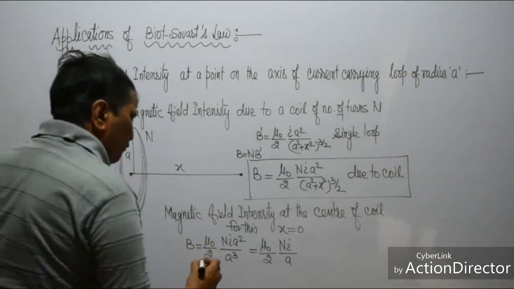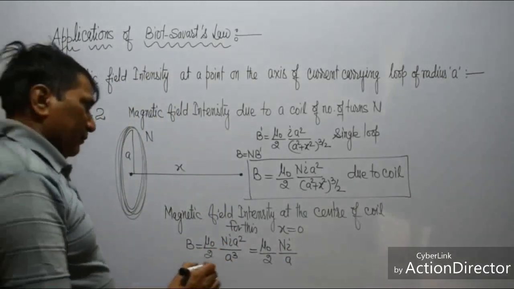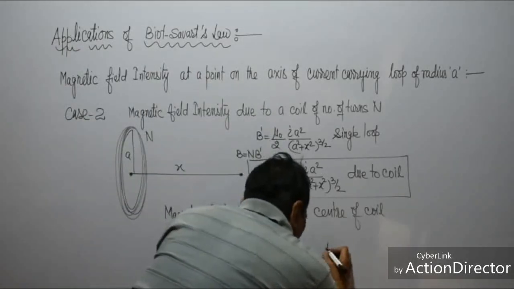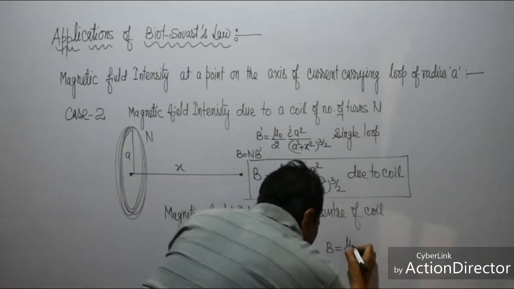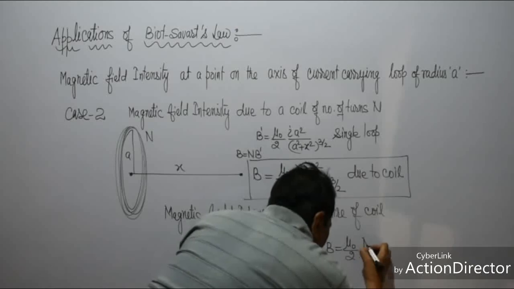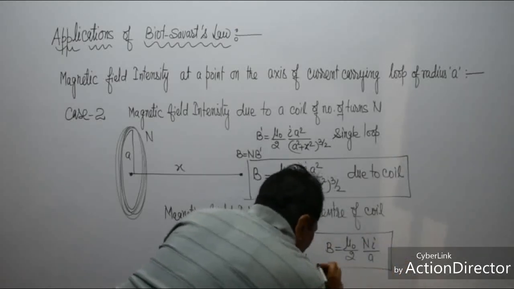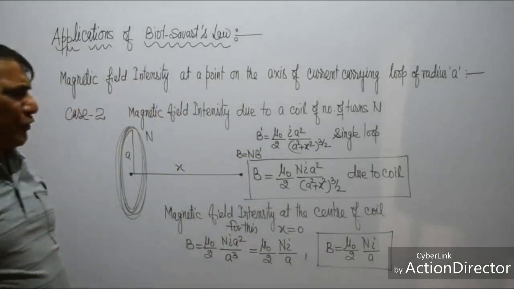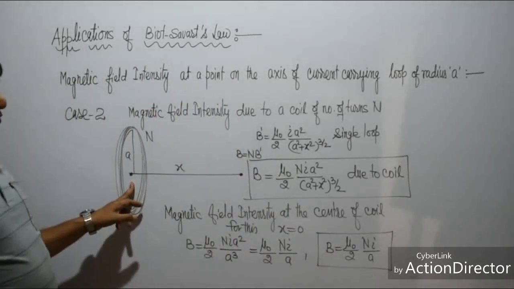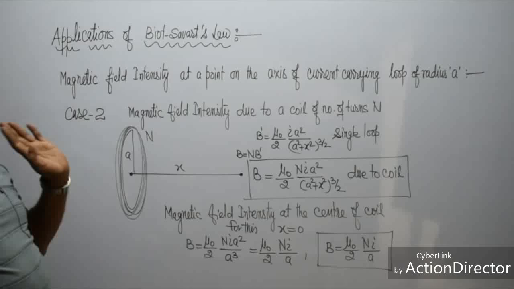That will be the field, so here you can write in a box, B equal to mu 0 upon 2 N I upon a. That is the magnetic field intensity due to a coil at its center. Okay guys.